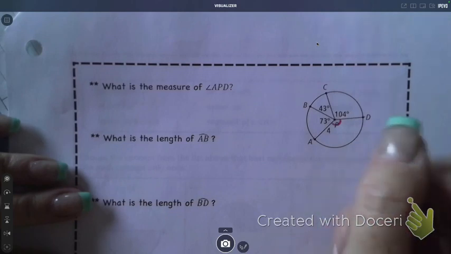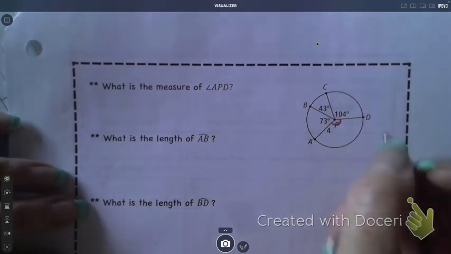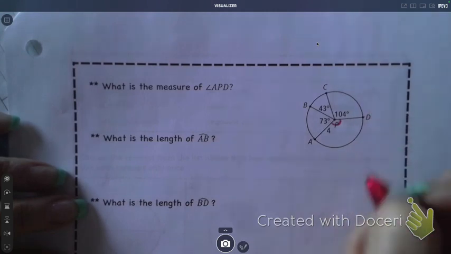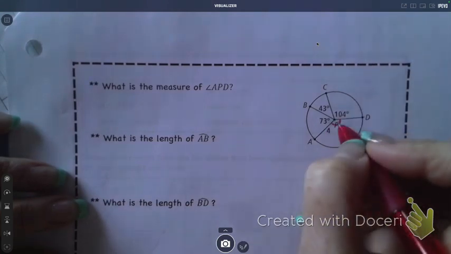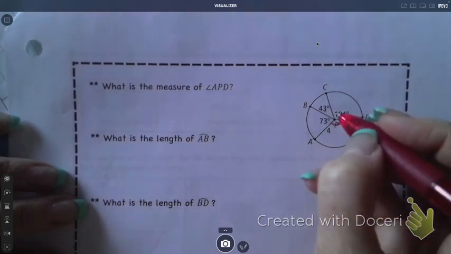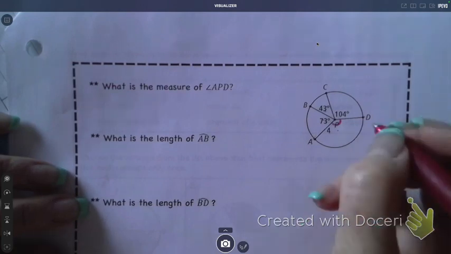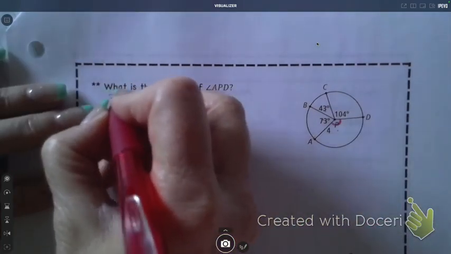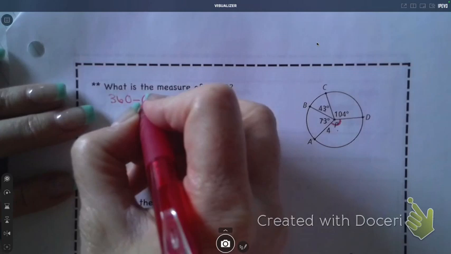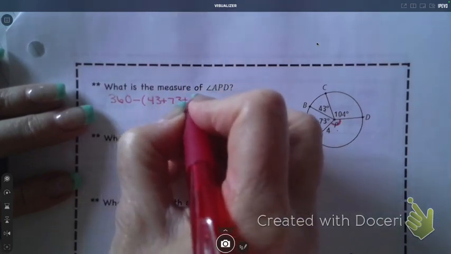This has nothing to do with the front. You just add them up and subtract from 360. Why? Because it's an angle. This circle is cut into 1, 2, 3, 4 angles, yes? So shouldn't we be able to add these three up and subtract it from 360? Yeah. So we have 360 minus (43 plus 73 plus 104).